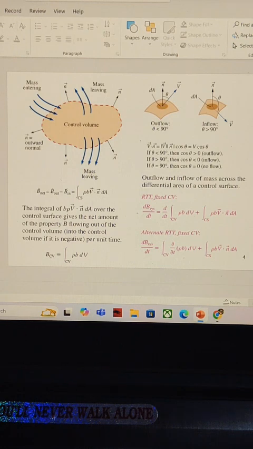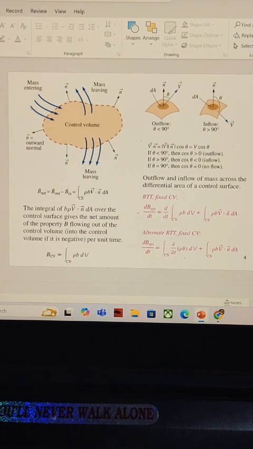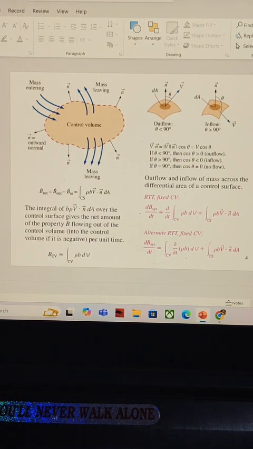The diagram clarifies how inflow and outflow are determined by the angle theta between the velocity vector V and the outward normal n. For theta less than 90 degrees, cos theta is greater than 0, indicating outflow, while for theta greater than 90 degrees, cos theta is less than 0, indicating inflow.